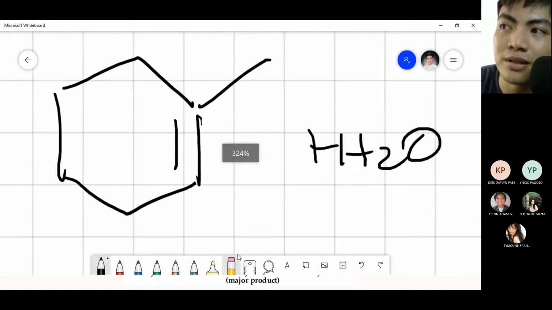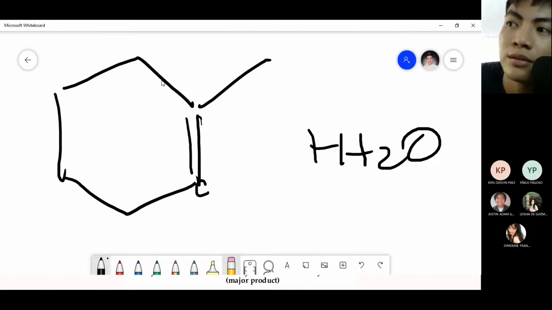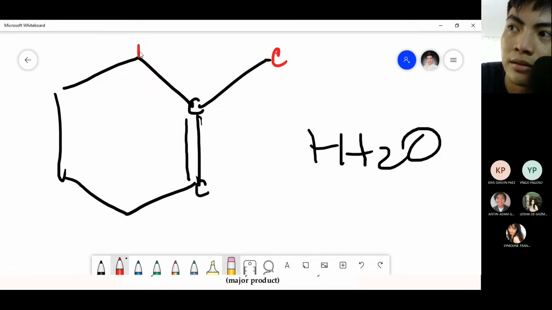Tignan natin to. Ilang carbon groups nakadugtong dito? Ilang carbon atoms yung nakadugtong dito sa alkene na to? Bilangin natin, isang carbon. Ito yung alkene, di ba? Bilangin mo ilan nakadugtong sa kanya. Okay? So, ito yung alkene. Start ka dito. Isa, dalawa, tatlo.